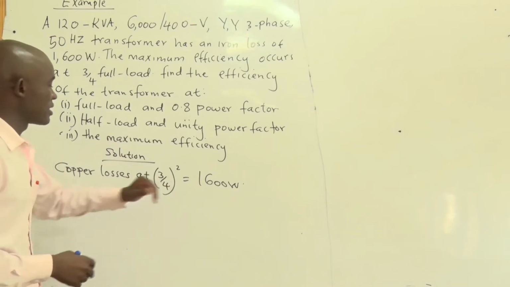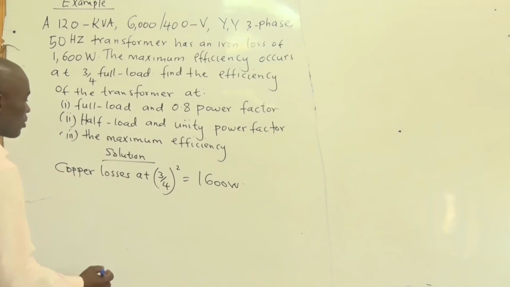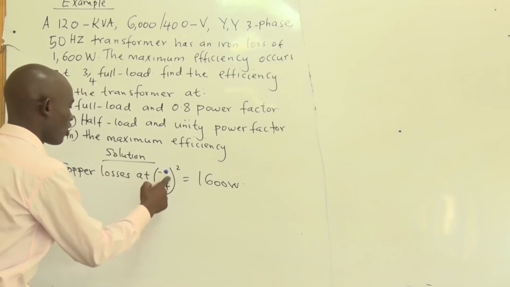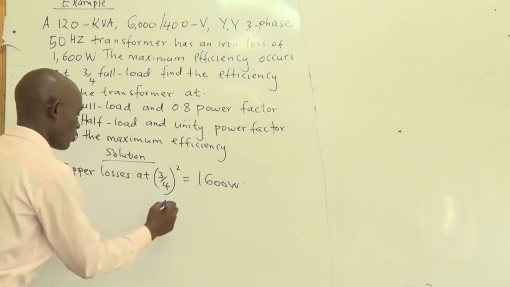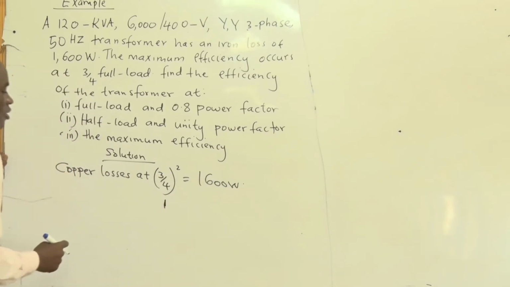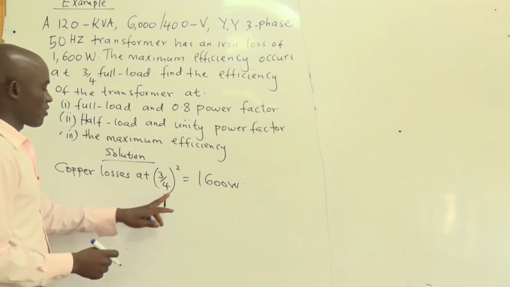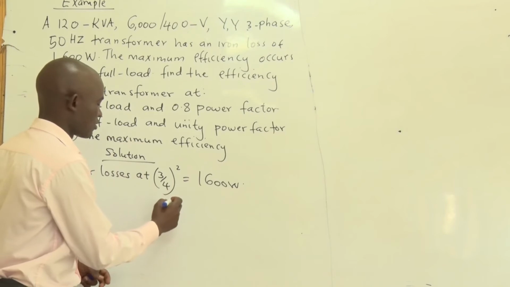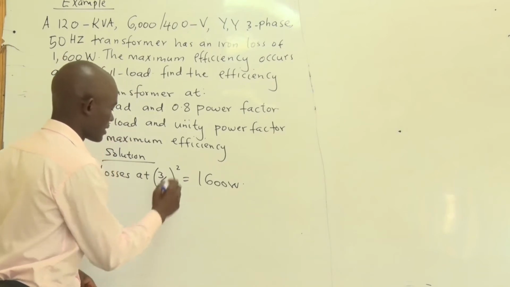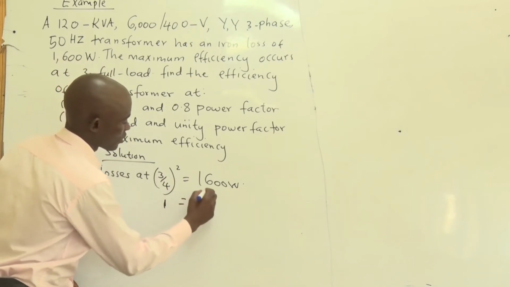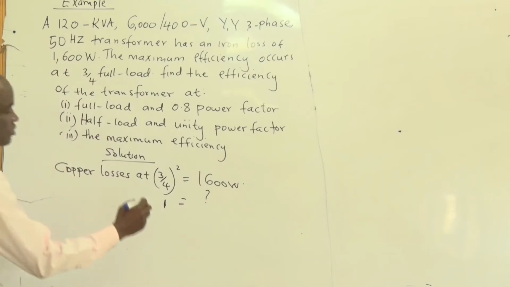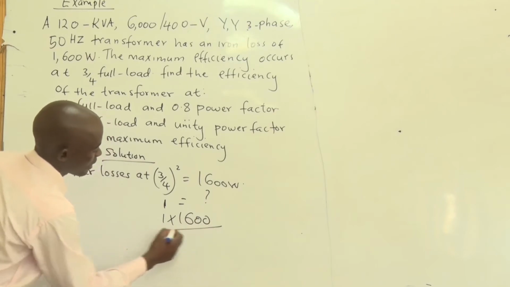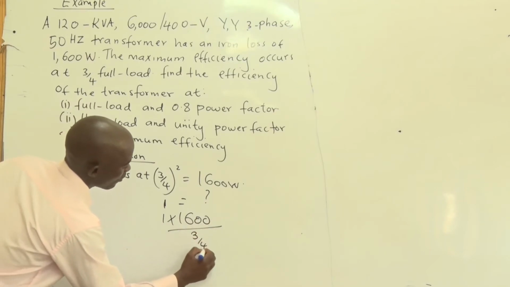So once we know this, we ask ourselves, what about at full load? Remember, we are talking about 3/4 load gives us this. What about when it is full load? Remember, here you can take 4/4. 4/4 is the same as 1. So I can either decide to write 4/4 or I can just take 1, which will be equal to what? So after you solve this, you will get 1 times 1600 divided by 3/4 squared.